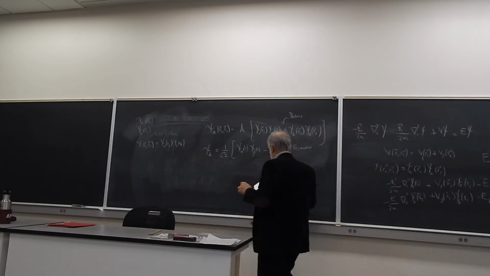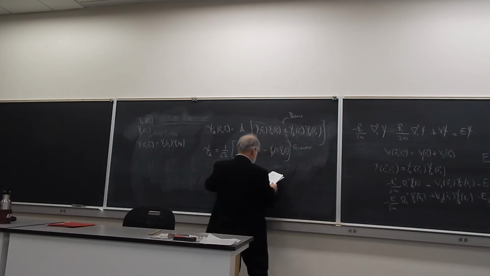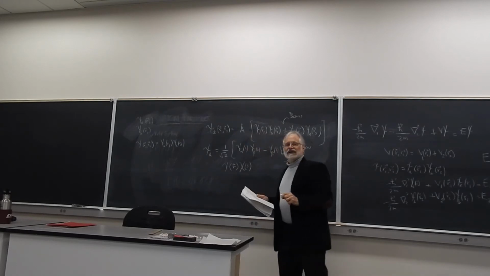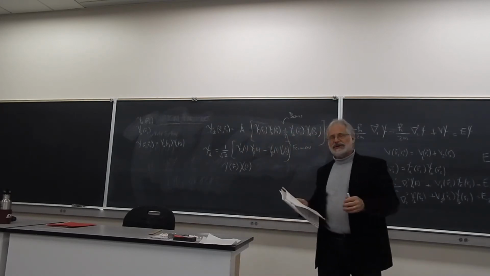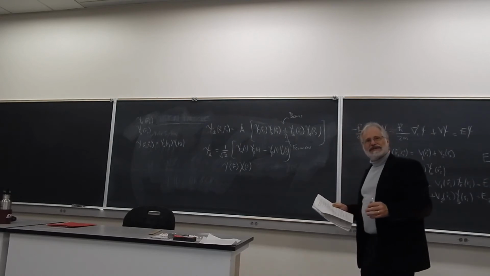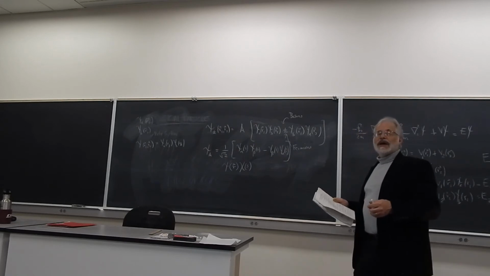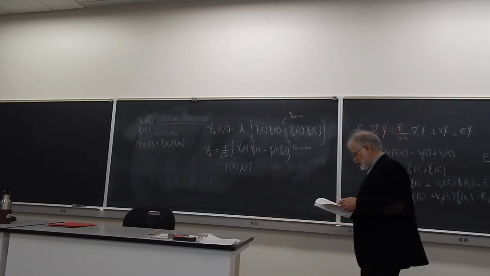I'm going to write psi then as psi of R times the spin wave function chi of S, just to allow for the fact that we have a spatial wave function and a spin wave function.